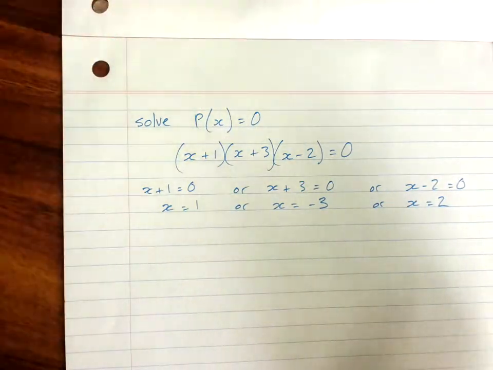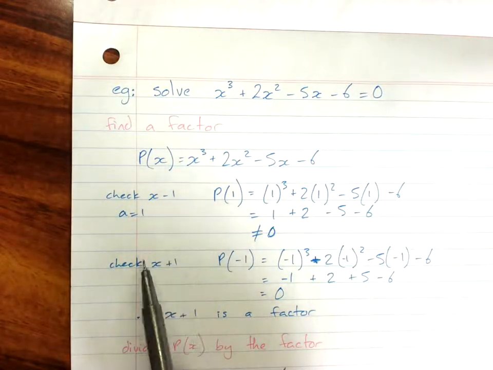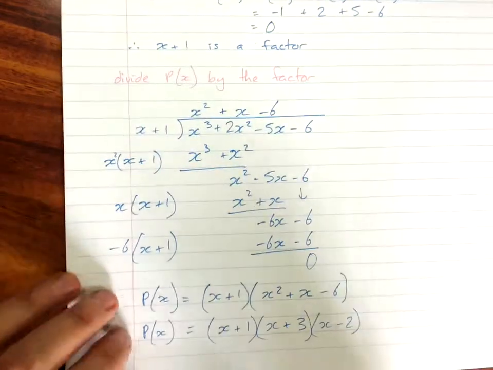You've solved a polynomial. So your steps were: find a first factor by checking a couple of obvious factors until you get one. Divide the polynomial by the factor.